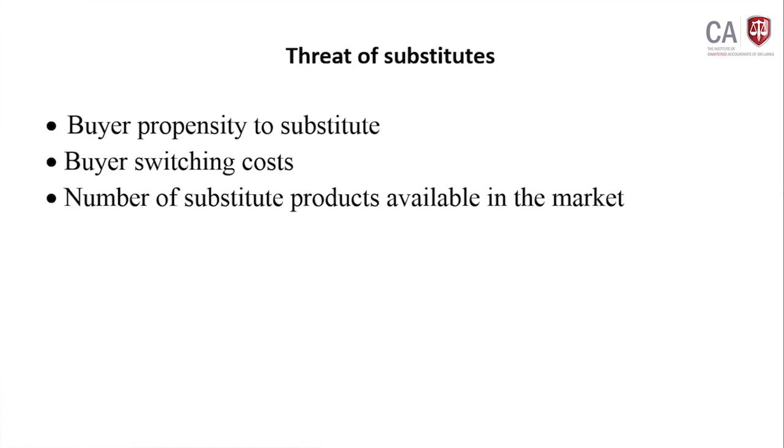Therefore, there are some favorable factors, at the same time there are some unfavorable factors on this. So, what is the conclusion we are going to make on that? Again I am going to say medium, I am on the safer side, for threat of substitutes.